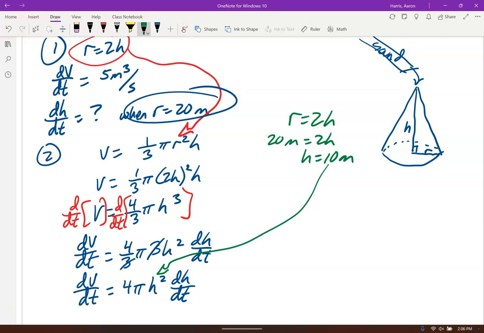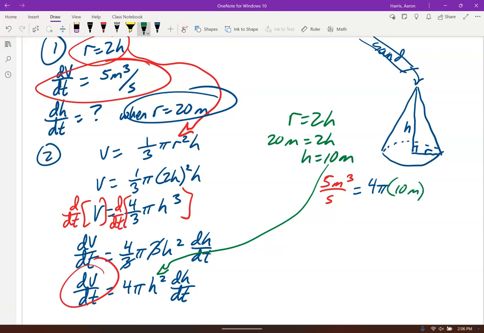We're trying to find dh/dt. dV/dt is given, 5 cubic meters per second. So 5 cubic meters per second equals 4 pi, our h is 10 meters squared, and we're solving for dh/dt.